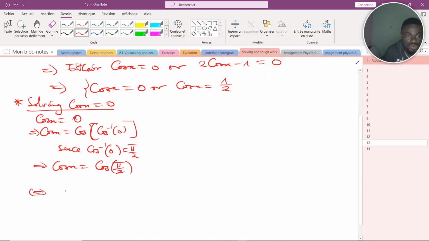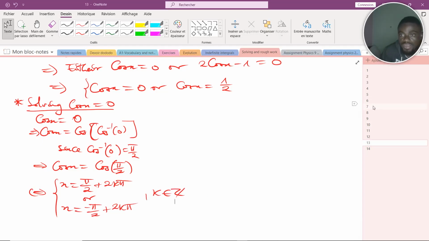So this implies x will be equals to pi on 2 plus 2k pi, or x will be equals to minus pi on 2 plus 2k pi. Is that okay? With k belonging to Z.